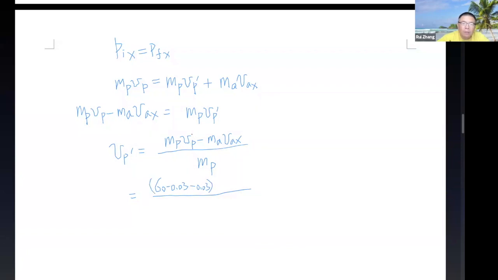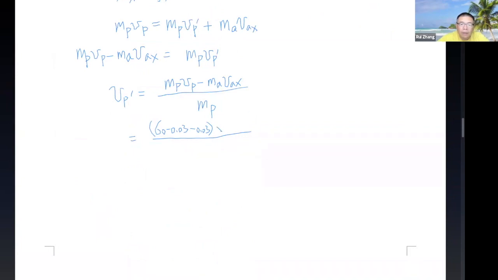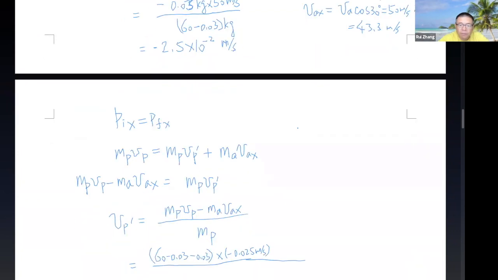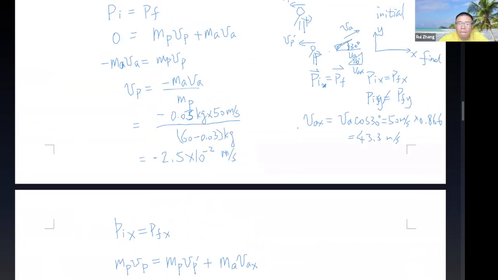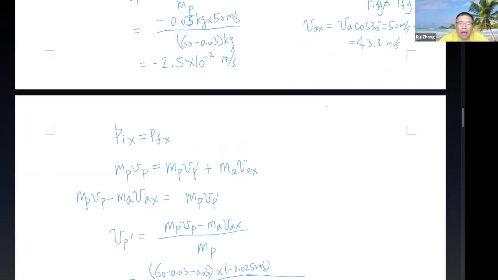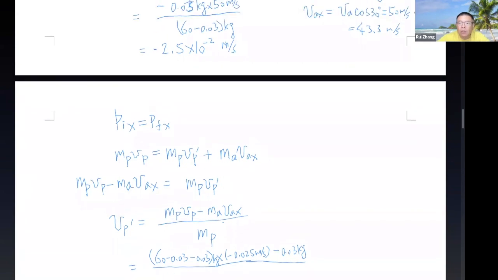Well, the velocity given here is negative 0.025 meter per second, okay? And then we have the second term here, which is MA, which is still 0.03 kilogram, times VAX, which is 43.3.